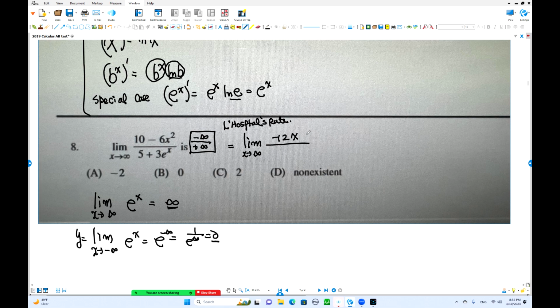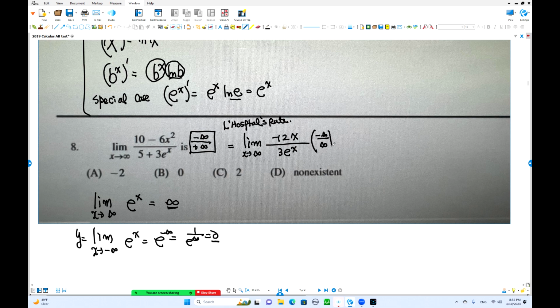Down there, 5 is 0, and the derivative of 3e to the x is still 3e to the x. It doesn't change. Put infinity in again, still negative infinity over positive infinity.